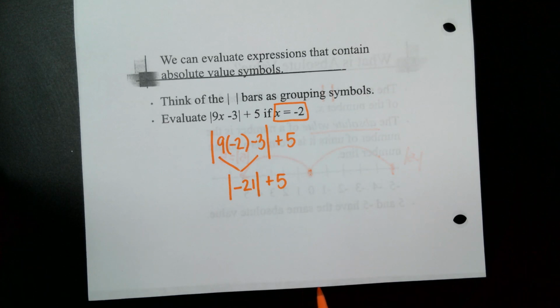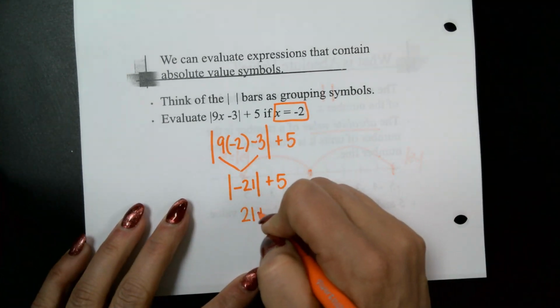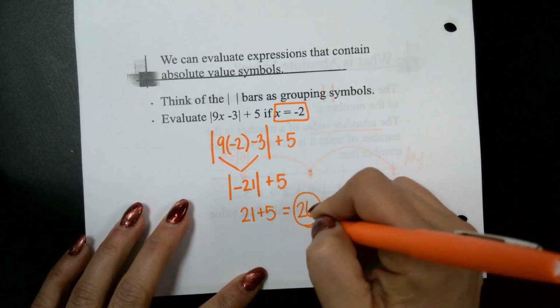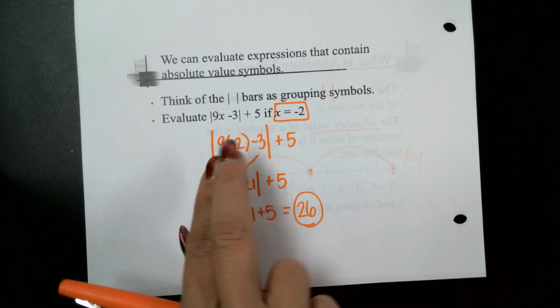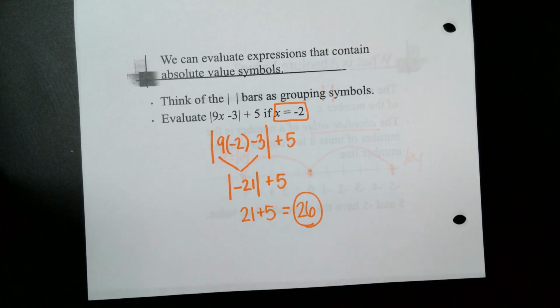And now we can figure out the rest. What is the absolute value of negative 21? Okay, 21 and then plus 5, which is 26. Wait, I thought a negative times a negative is... We're not multiplying. We multiplied those two to get negative 18, and then we subtracted 3.